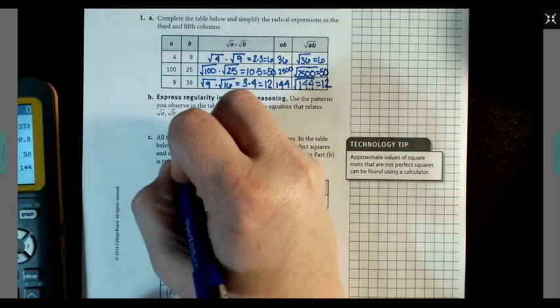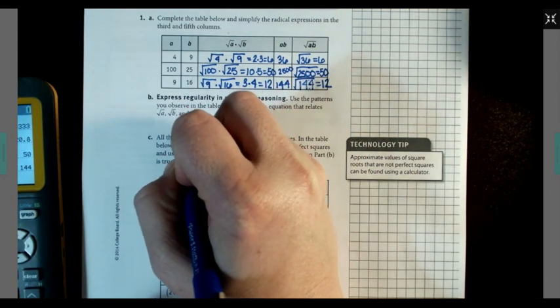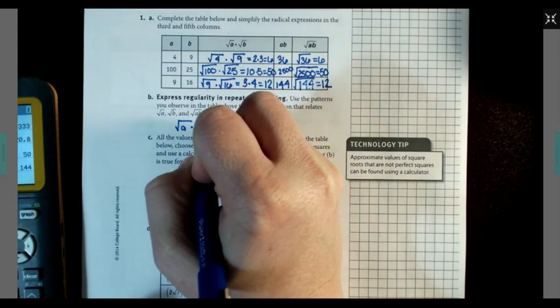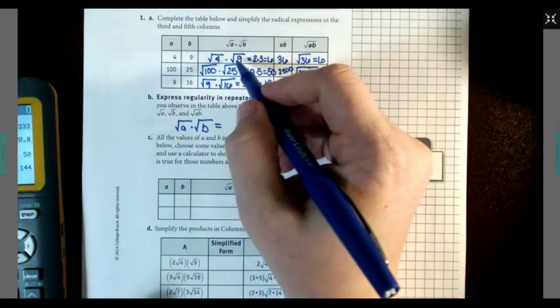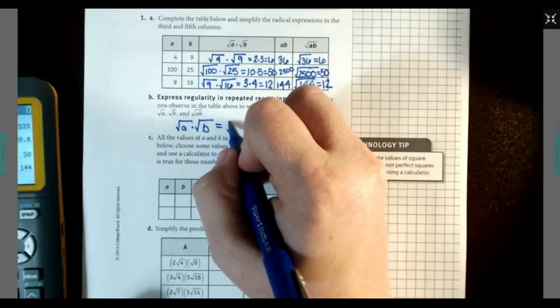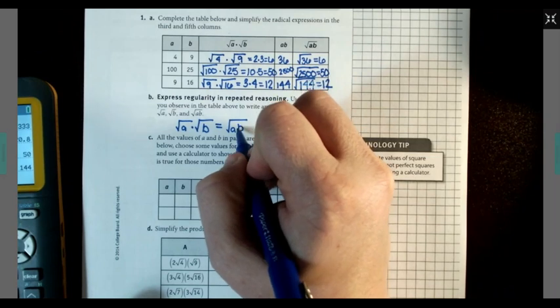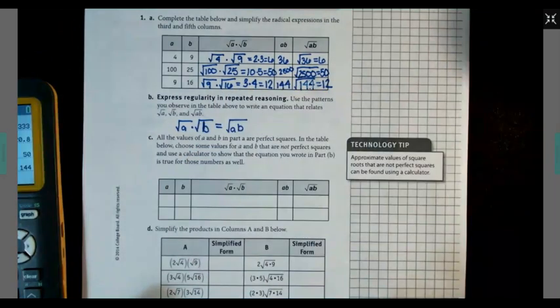I agree. The square root of A times the square root of B is equal to the square root of AB. That's the reason why it asked us to simplify, so we could see that the values are always the same.